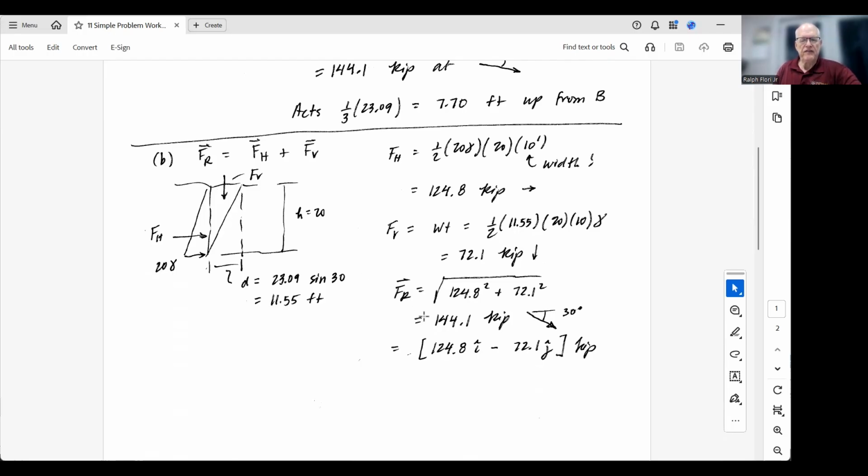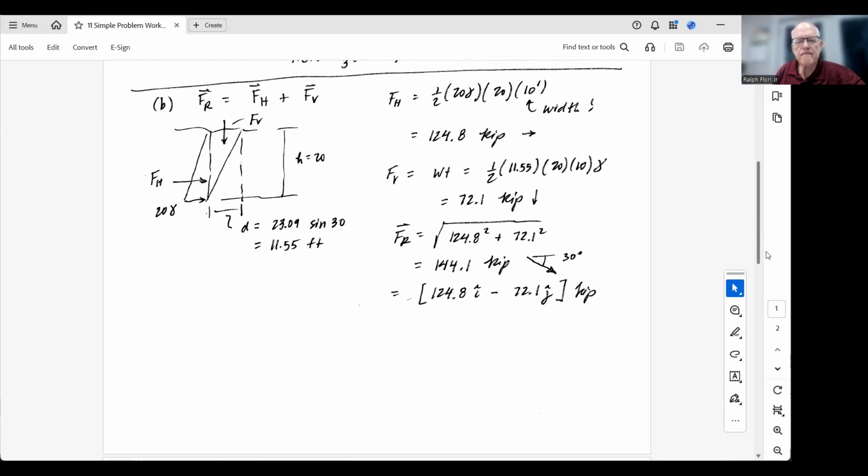The magnitude of FR is the norm of these, and you get 144.1 kip, just like we got earlier. And this is FR as a vector, 124.8 i in the horizontal direction, minus 72.1 j in the y direction. And it's basically the same as we got from the triangle.